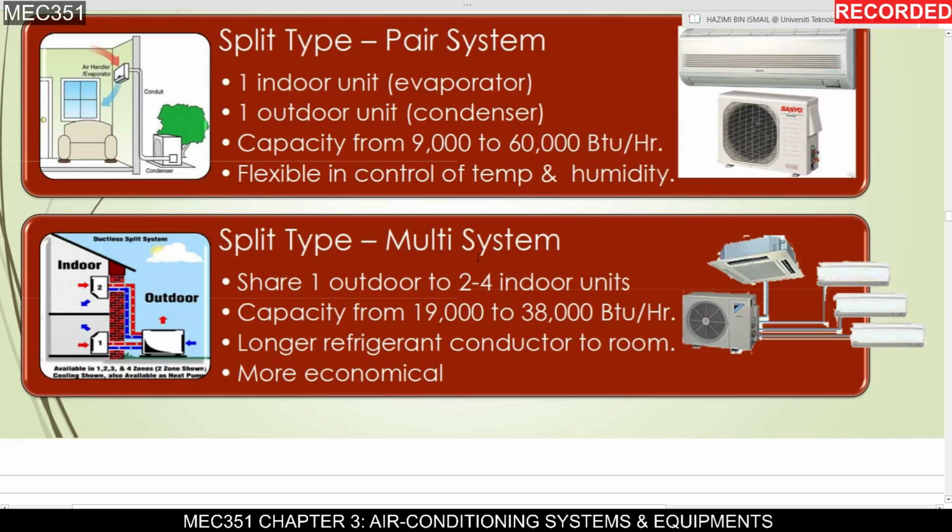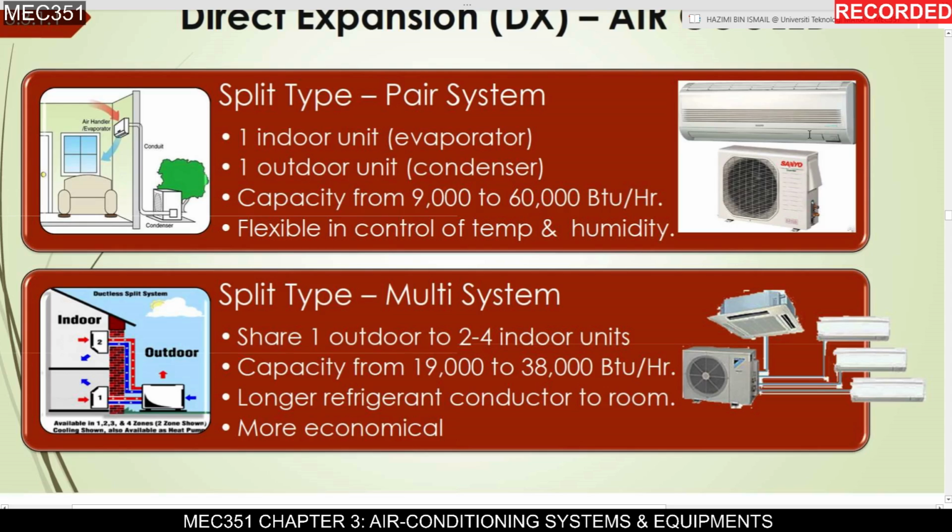And for the multi-system that I have explained before, it is similar to the split type pair system, but by using just one outdoor unit, you can cool multiple rooms. Normally the outdoor unit is very large to cater to multiple indoor units. So the range can be from 9,000 to 38,000 BTU per hour.